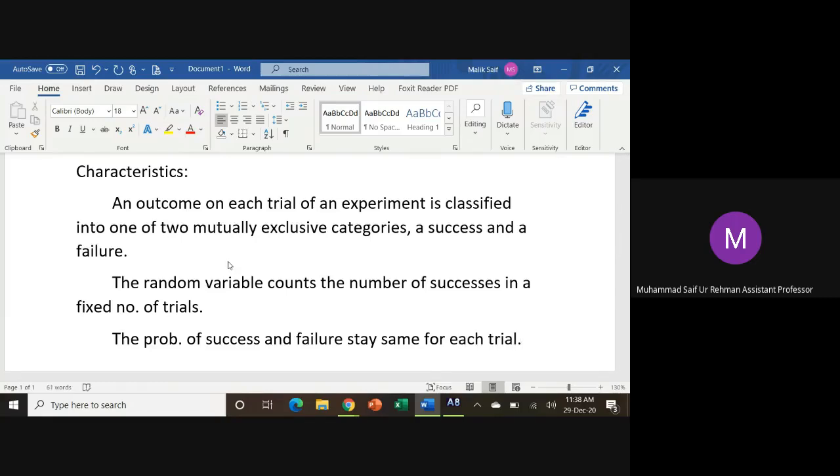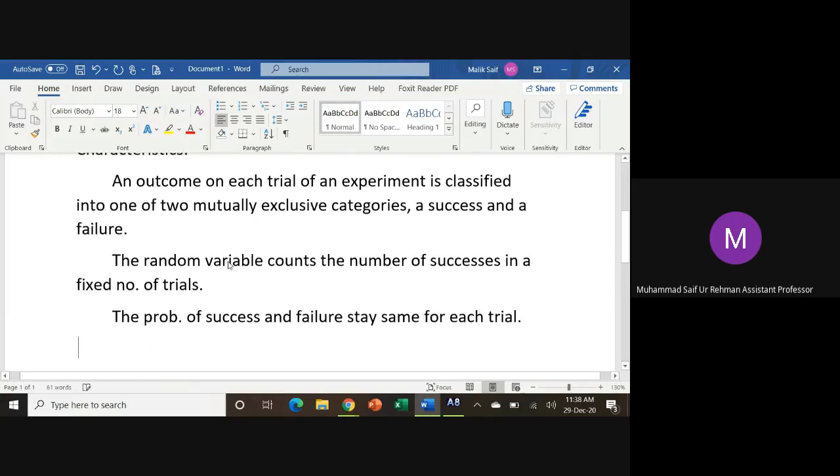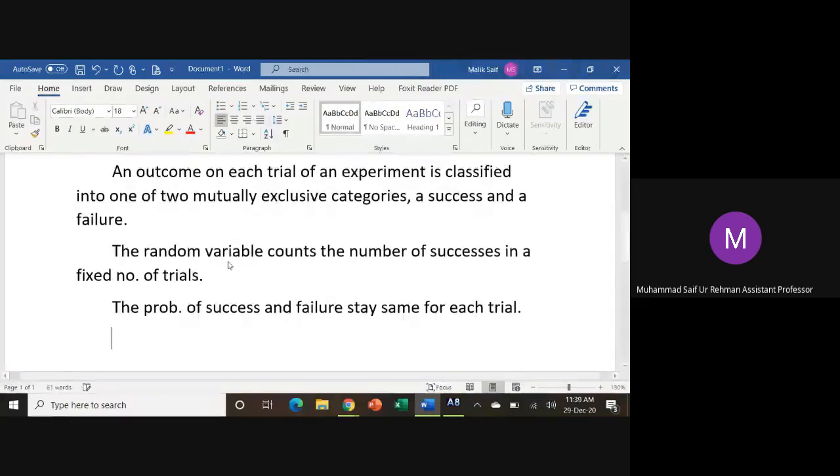I mean, if you are going to toss a coin, and you are interested in knowing the probability of occurrence of head, it will remain the same 50% even if you toss a coin 1,000 times. So x will be denoted by the number of heads in tossing a coin.